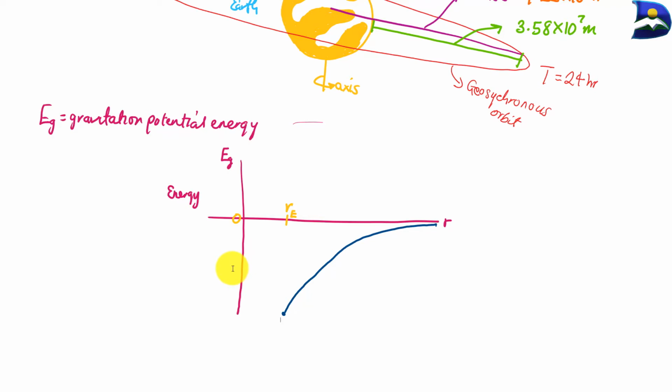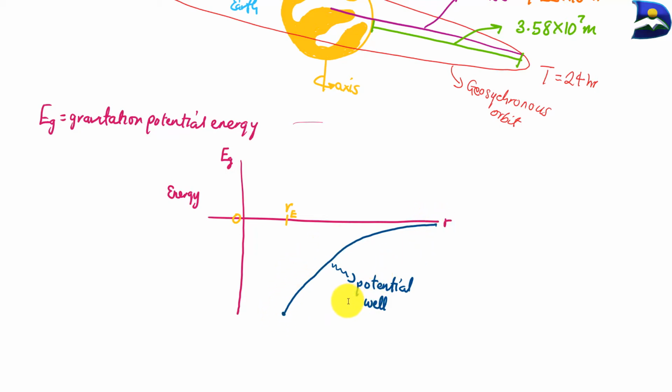Therefore, this shows that we need to in some way overcome this particular potential energy graph, which is known as the potential well of Earth. And the potential well of Earth is unique to other planets, although this shows the same pattern.